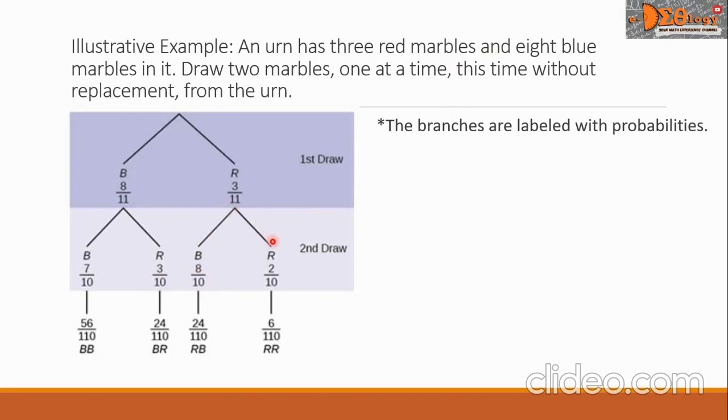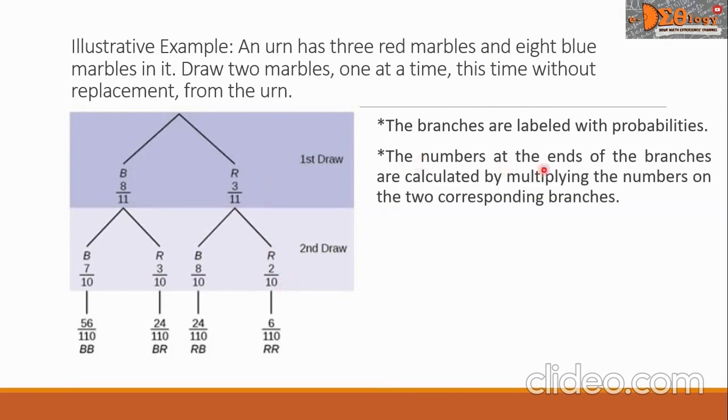The second branch represents the probability of taking another red marble. So from 3 marbles total, we assume that the red marble is already taken. So that is 3 minus 1 is 2 over 10.